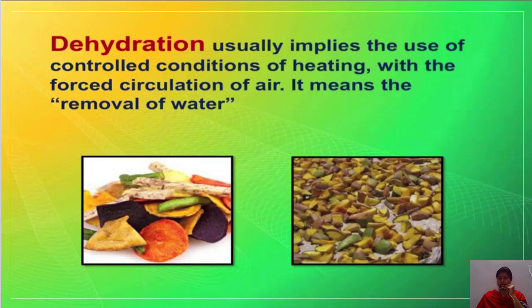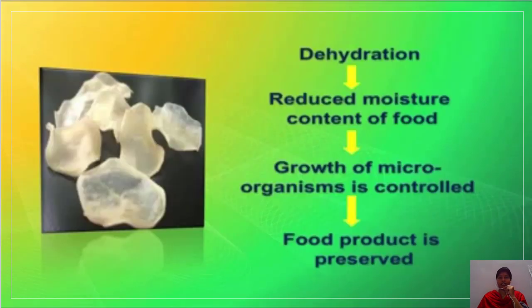Dehydration. Dehydration means removing the water from food items. It usually implies the usage of controlled conditions of heating with forced circulation of air. It means the removal of water. That is dehydration.